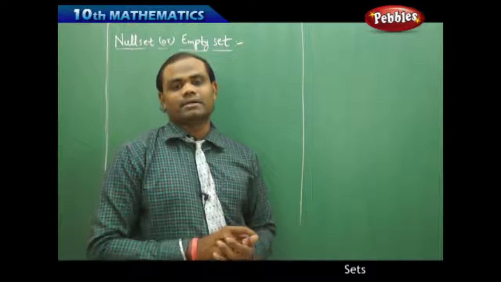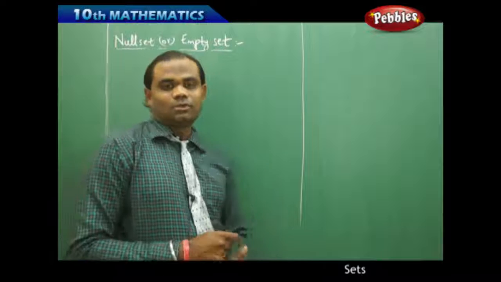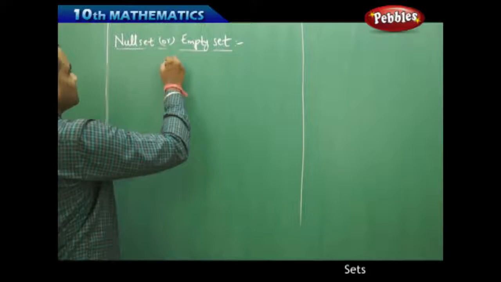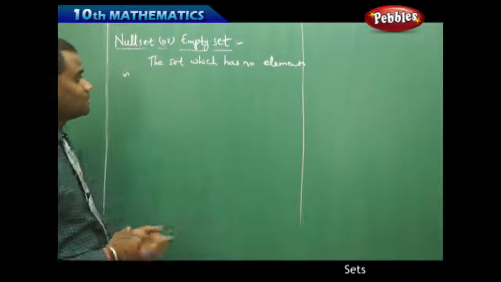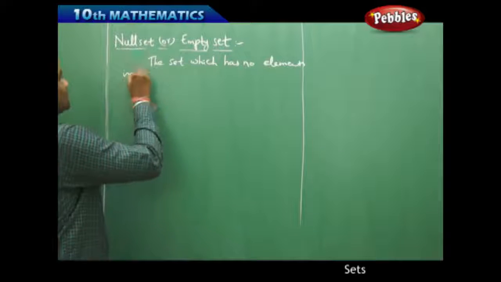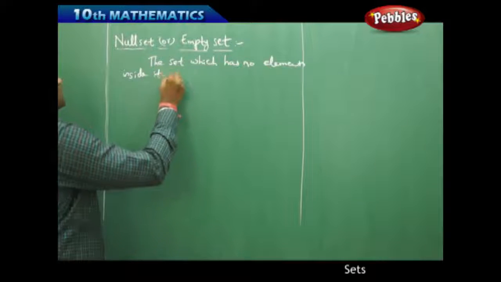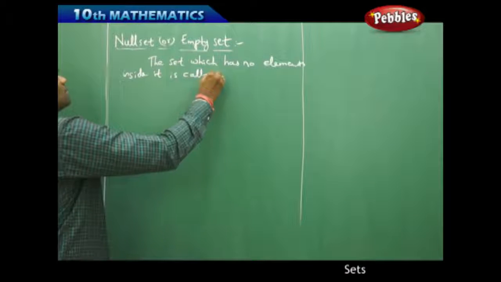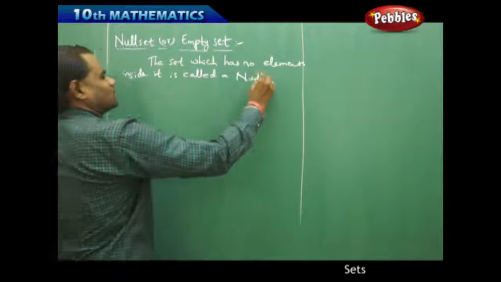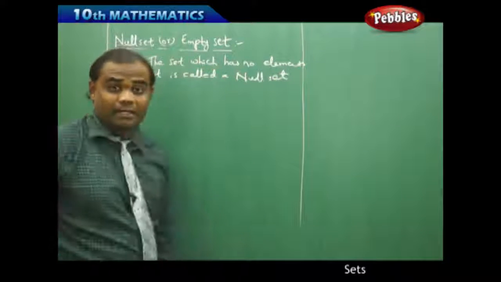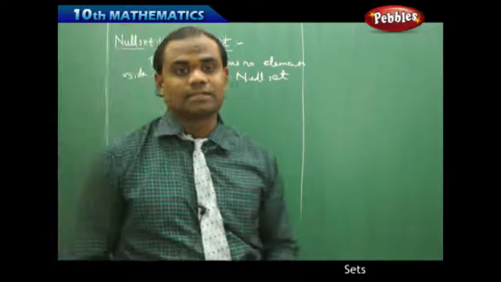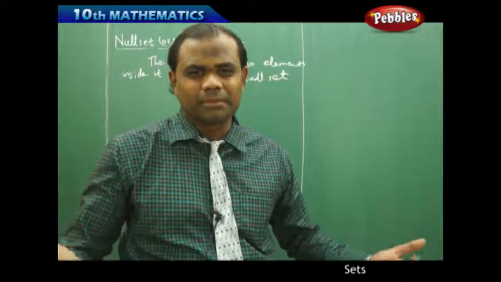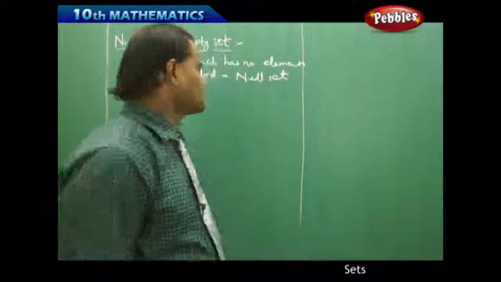So the definition: the set which has no elements inside it is called a null set or an empty set. It is empty, no elements inside it.